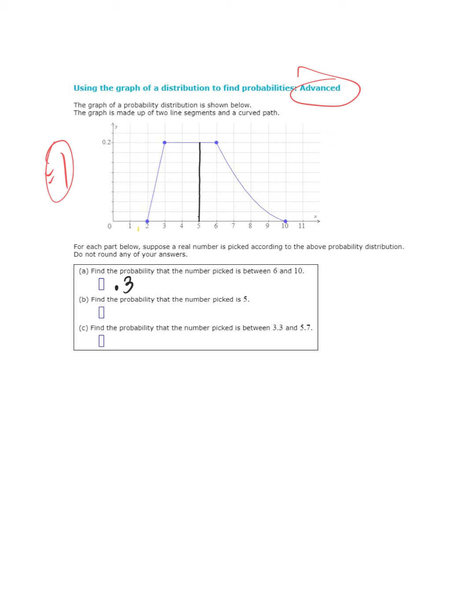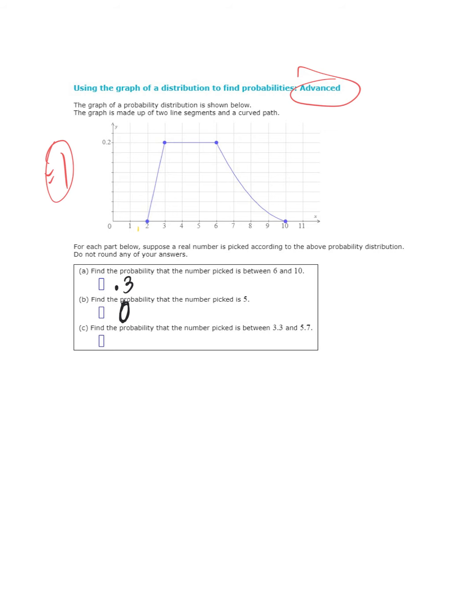It is just this line right here. Well, that line has no area whatsoever. So the probability of just being 5, boom, 0. That line has no area. That question has no probability. Probability is 0.